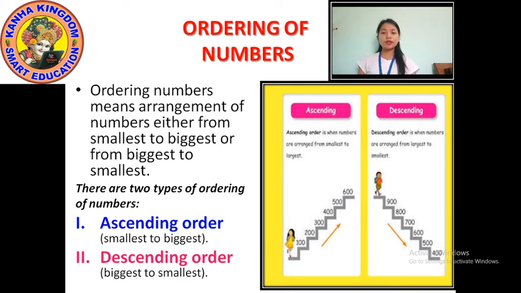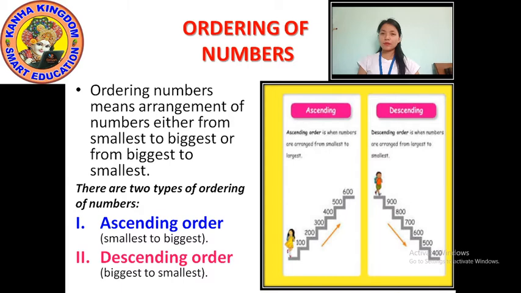The arrangement of number either from biggest to smallest or smallest to biggest is called the ordering of number.